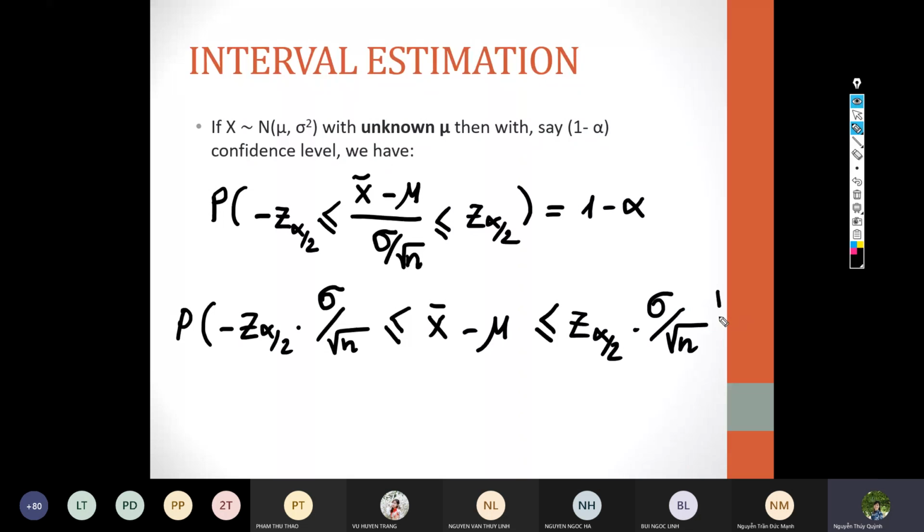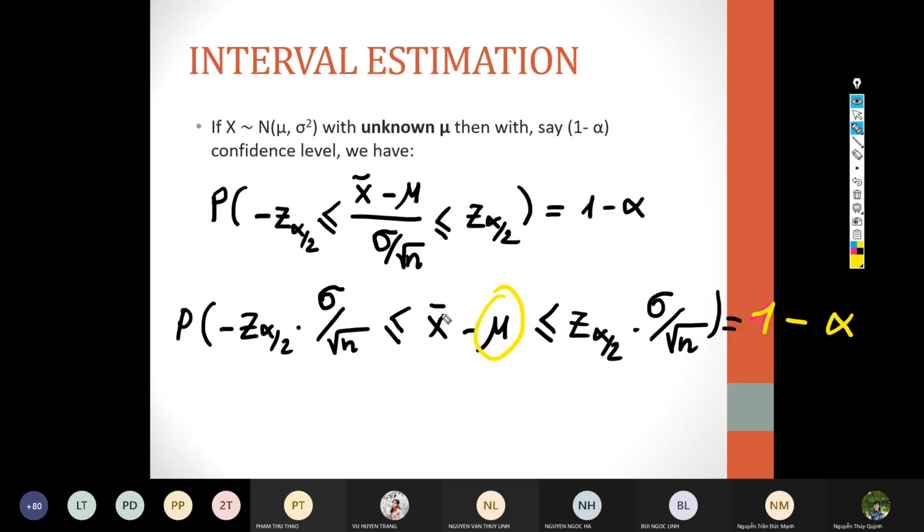This probability is equal to 1 minus alpha. We want to construct the confidence interval for mu, so we do the mathematical transformation so that in the middle we only have mu.